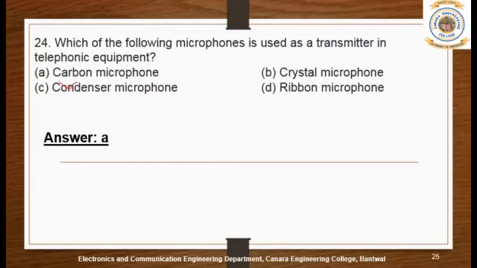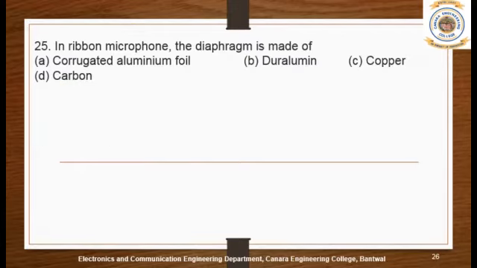That is what we have as a microphone material. Then in a ribbon microphone, the diaphragm is normally made up of corrugated aluminum foil.